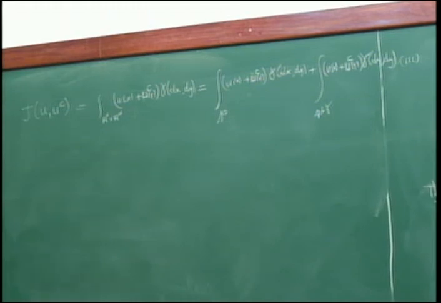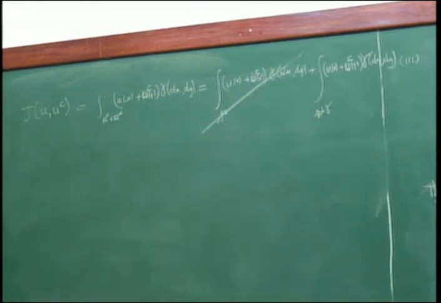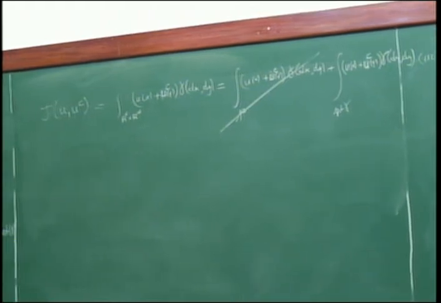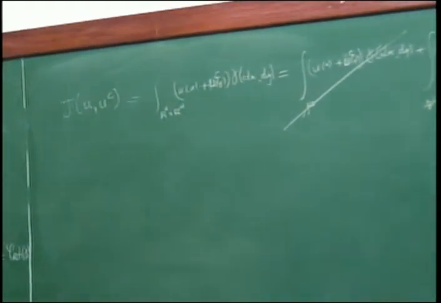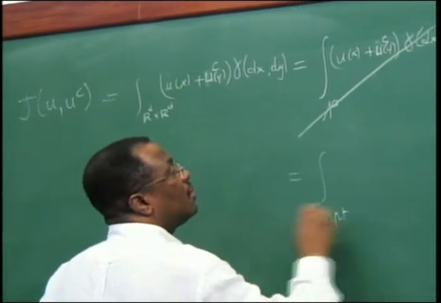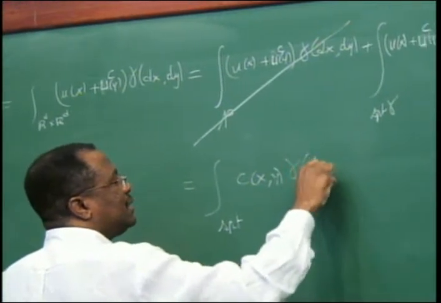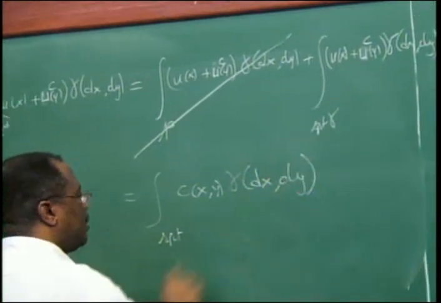N is a set of zero measure. Therefore, this integral is 0. On the support of gamma, this is the integral of c(x, y) gamma dx dy.